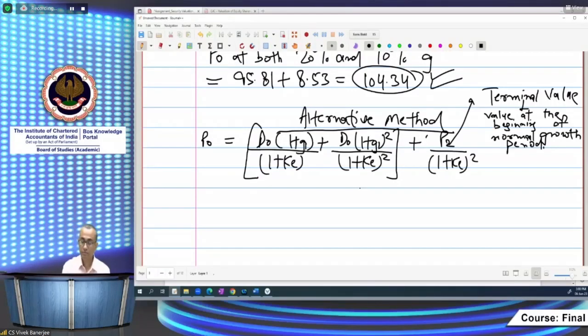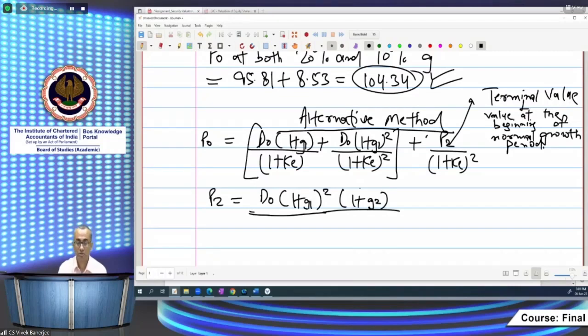And now, how is P2 calculated? P2 is calculated by the formula D0 (1 plus G1) square, which is the second year dividend, multiplied by (1 plus G2).